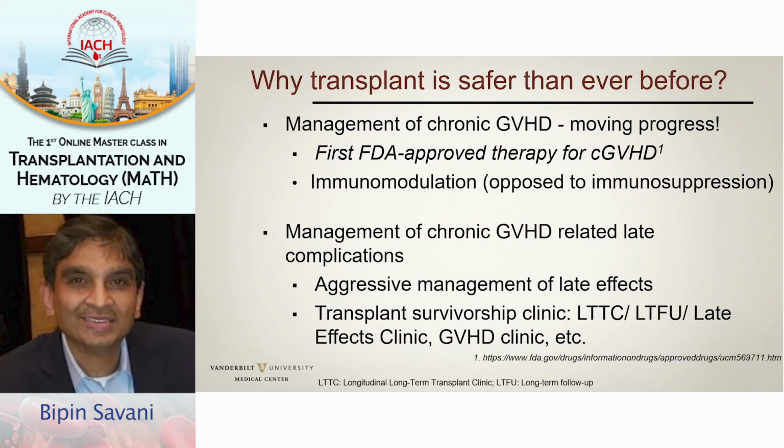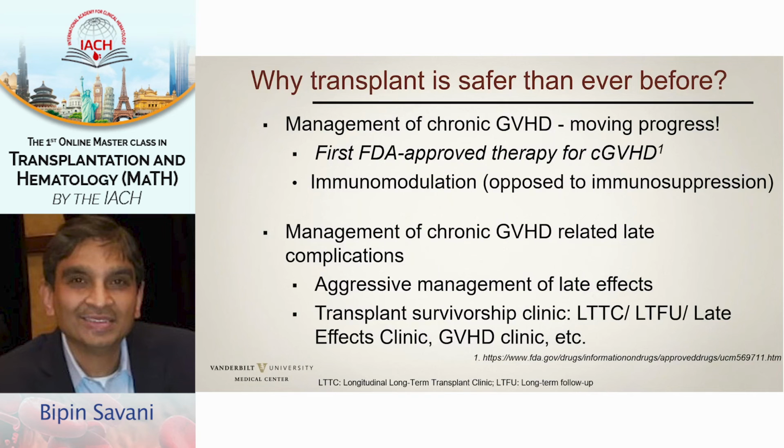Now, we do have an aggressive policy to manage late effects after transplantation and access to a transplant survivorship clinic, where we can see dedicated late complication management. Sometimes we call it long-term transplant clinic, long-term follow-up unit, late effect clinic, or GVHD clinic.